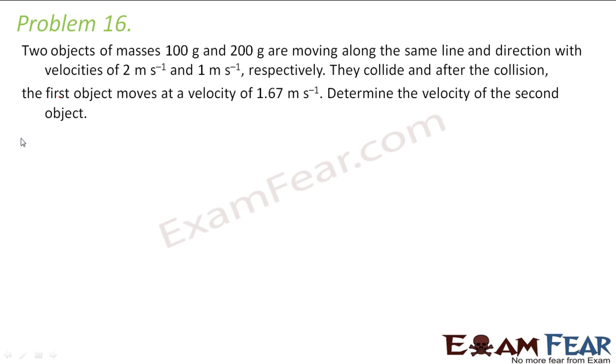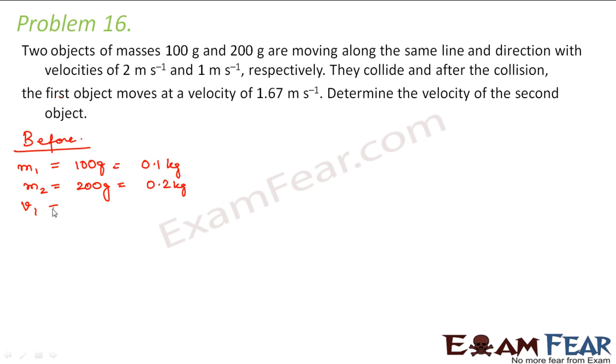So in this case, what happens before collision? Let us first look at the before scenario. Before, mass of the first object is 100 grams, that is 0.1 kg. Mass of the second object is 200 grams, that is 0.2 kg. Velocity with which the first object is moving is 2 meters per second.